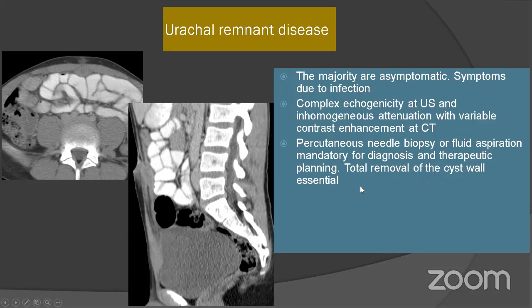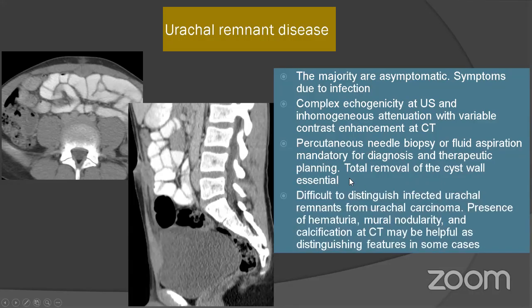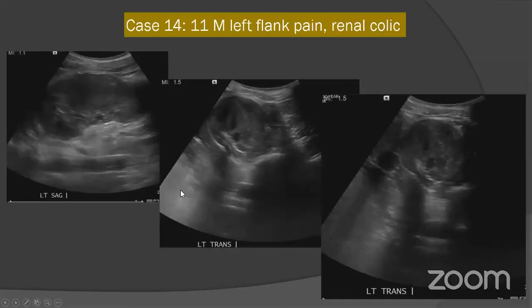Total removal of the cyst wall is also essential so that there is no recurrence, and also because it is sometimes difficult to distinguish infected urachal remnant from urachal carcinoma. So if you have a history of hematuria or you see mural nodularity and calcification at CT, you may say that this is a urachal carcinoma, but if you don't, you cannot exclude one. So that's why you need to do the biopsy.